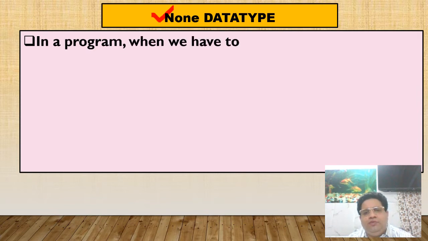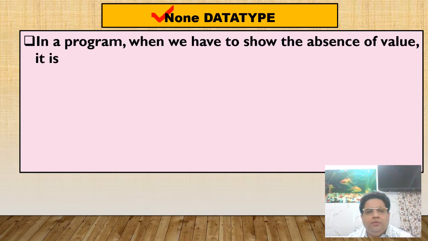Fine. Now what is none data type? In a Python program, sometimes you have to show the absence of value. It means a variable does not contain any value. It is empty. So it is denoted using the None data type. In a program, when we have to show the absence of value, the N should be written in capital letter.